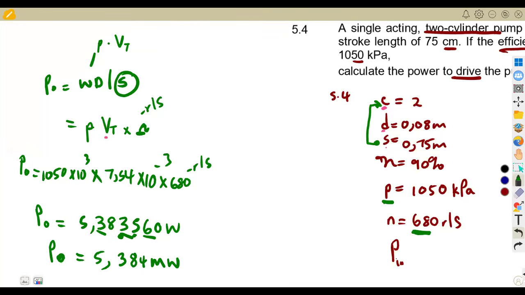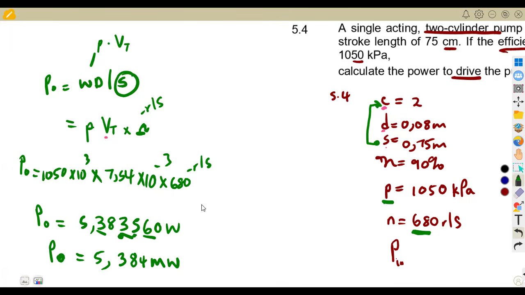What I'm just going to check here before you conclude is to confirm this, because I was preparing this and I had taken it another way. Why am I having two calculators here? I need one. That's 1050 times 10 to the exponent of 3, times 7.54 times 10 to the exponent of -3, times 680 revs per second.